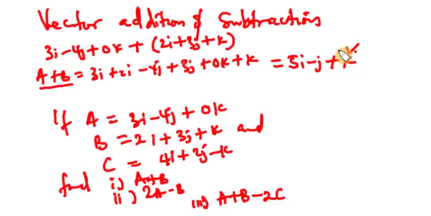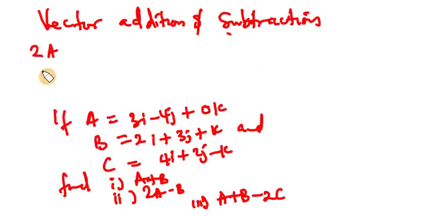So let us resolve this. 2a minus b. So 2a implies 2 brackets. You multiply this vector by this scalar 2.